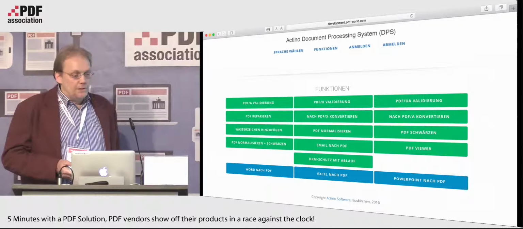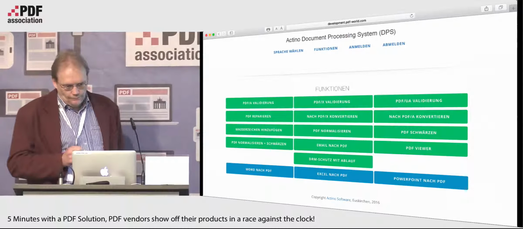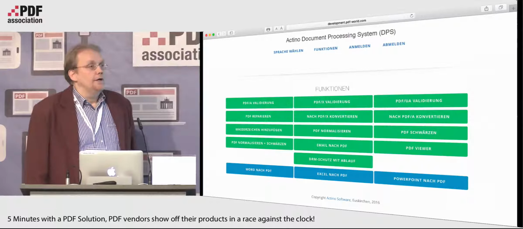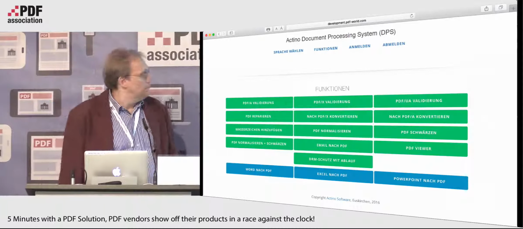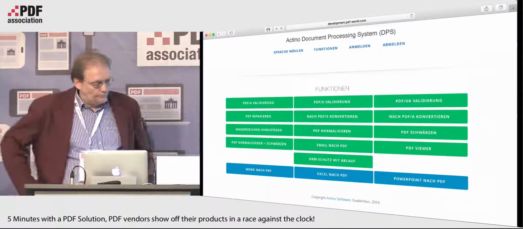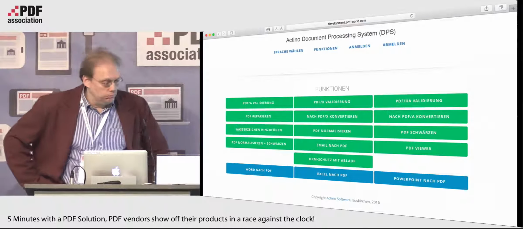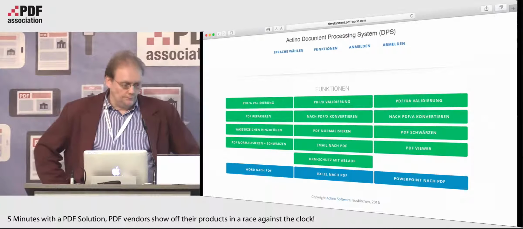And so we developed the idea of a system we call DPS, Document Processing System, which finally provides all the required features as a single button in a browser. So we have a selection of different buttons to do validation, conversion, stamping.